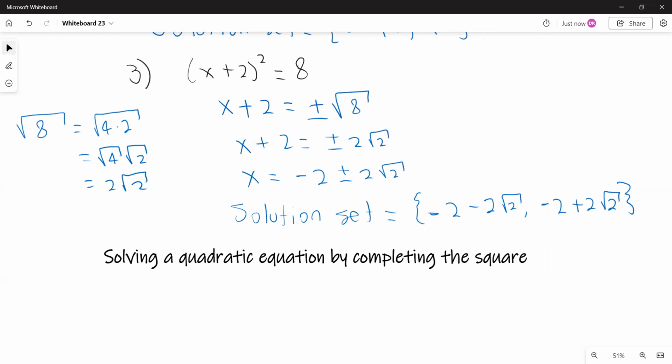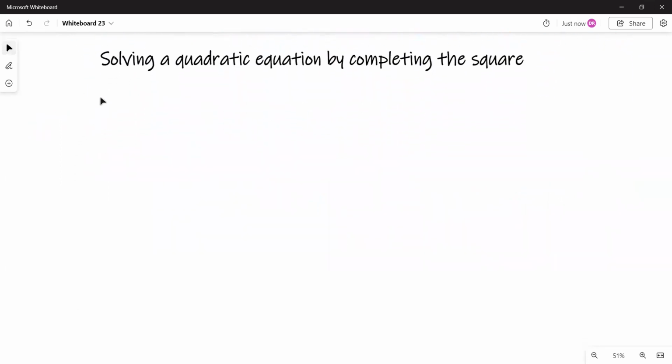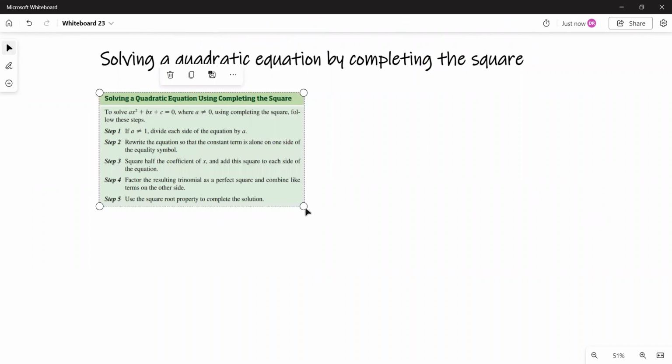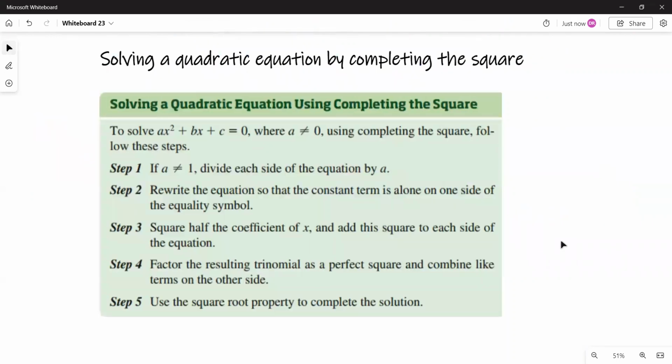Okay, so I'm going to copy the procedure. This is on page 115. So to solve ax squared plus bx plus c equals 0, where a does not equal 0, using completing the square, follow the steps.